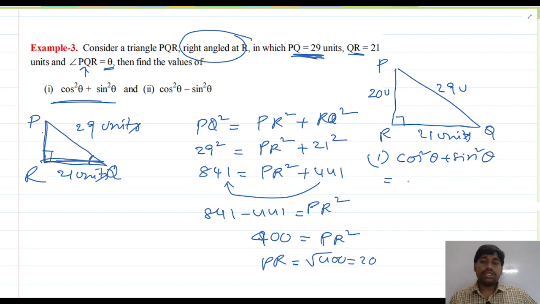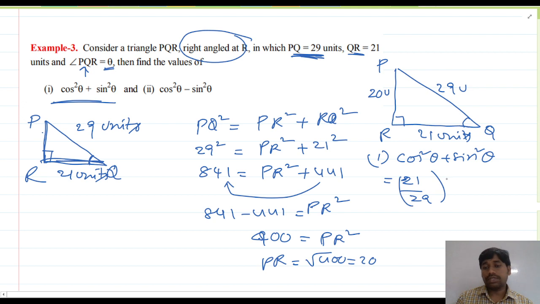So cos square theta, as here the angle is at Q, cos is adjacent, 21 upon 29 whole square because square is given, plus 20 upon 29 whole square.